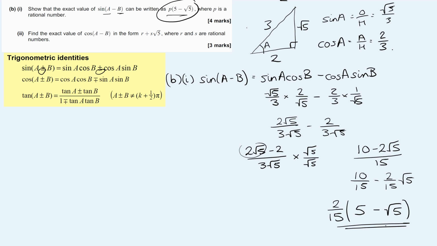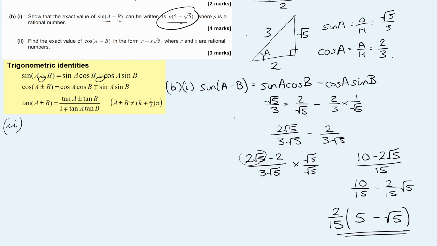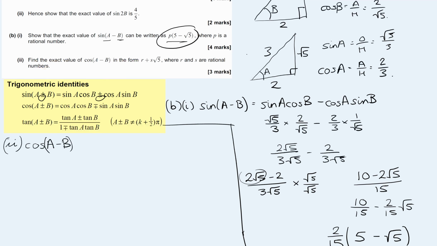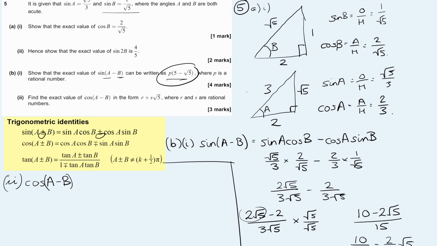Now part 2, B part 2, we can see the question in here, so I won't do too much scrolling around, but let's just draw a line here. Don't do this in your exam, but obviously make use of the space you've been given. So this time we've got to do cos of A minus B. And I am going to scroll up a little bit more actually, just so that we've got all those values of sine and cos involved.